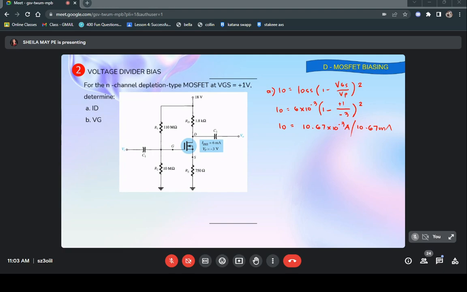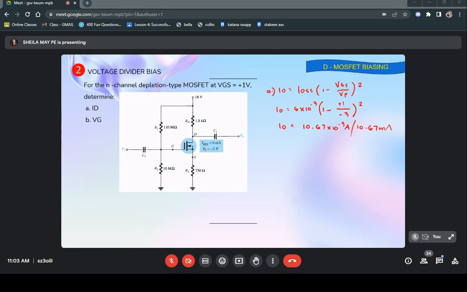Now, VGS on class, that's the VGS value wherein atong channel or there is full channel na siya. Clear na iyang channel. Okay, that's the VGS on. And on VGS class, that's the value wherein we will need to solve our ID.